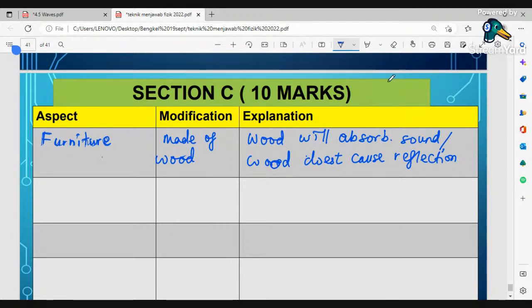What else? We want to put the wall covered with soft material.